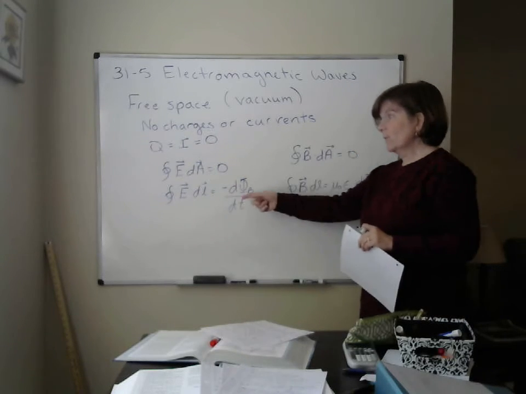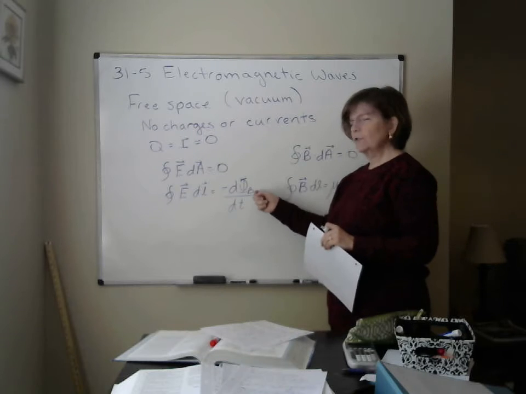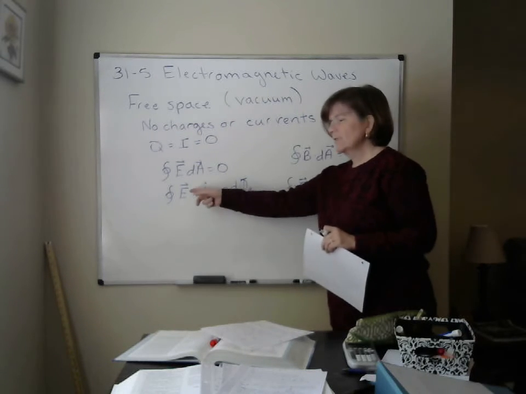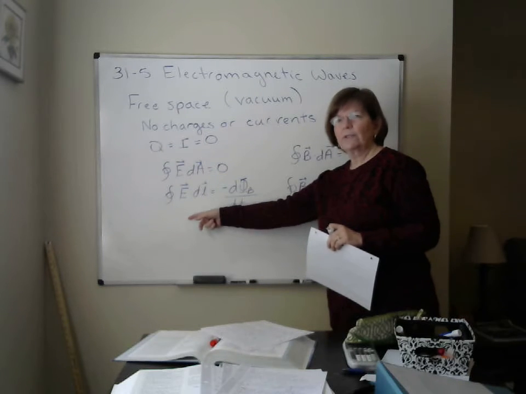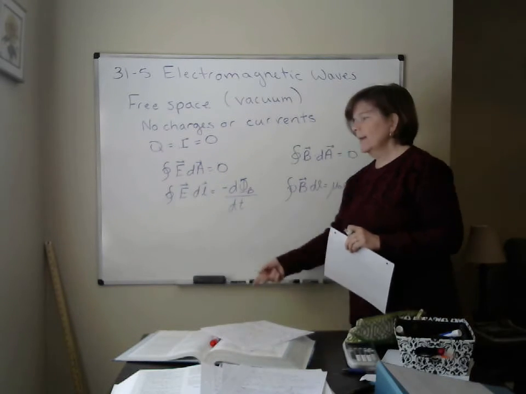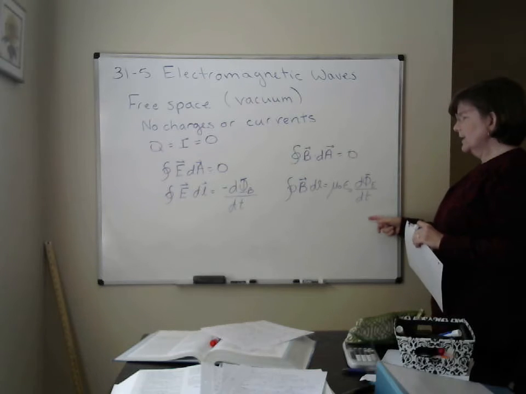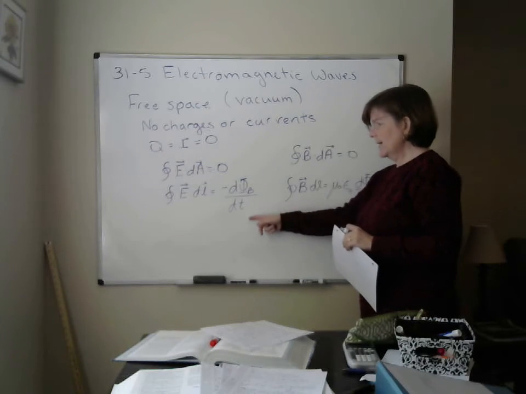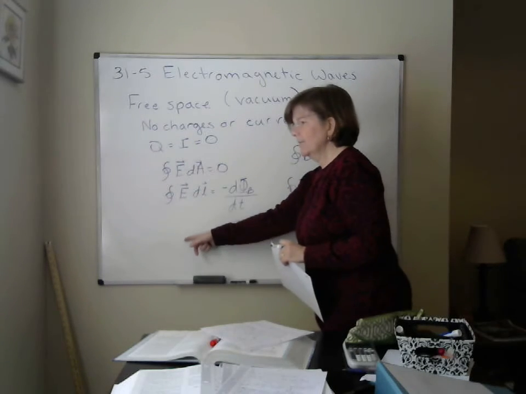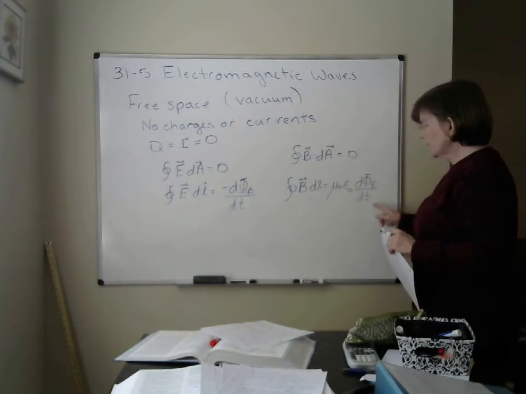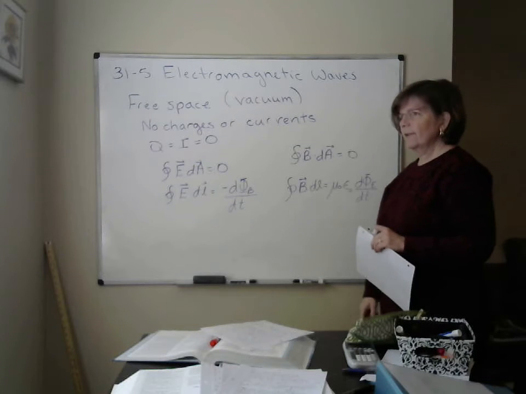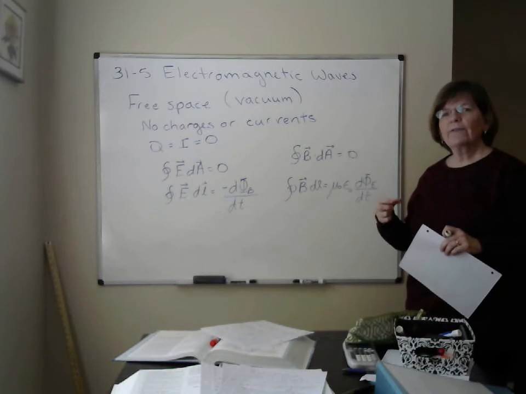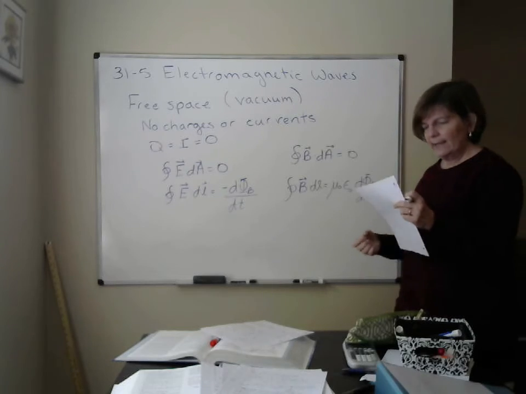And that electric field won't be constant because the magnetic field is changing. So a changing magnetic field causes a time-varying electric field, and a time-varying electric field induces a time-varying magnetic field. What we end up with is a self-propagating electromagnetic wave.